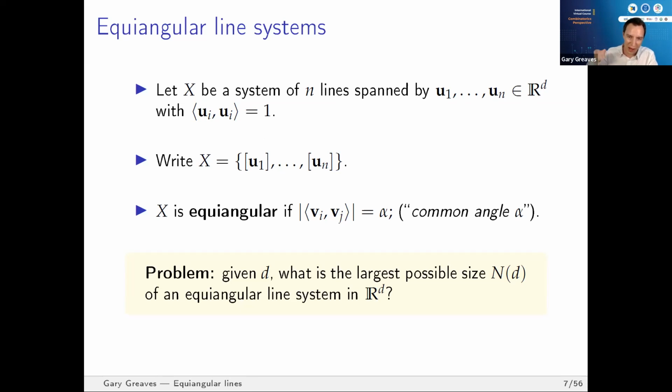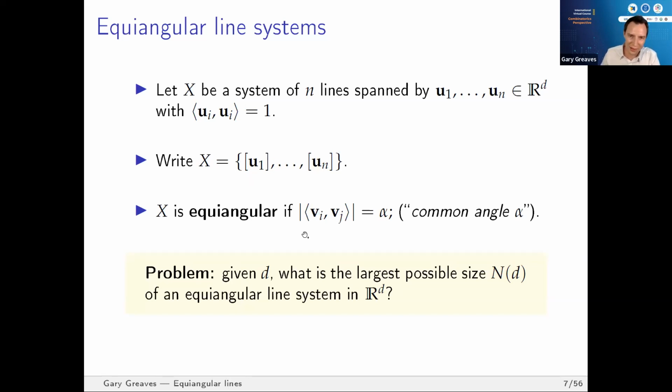So it spans the whole line. So I have these n unit vectors spanning n lines, and that's my set X of equiangular lines. And now the definition of a set of lines being equiangular can be checked by taking the absolute value of the inner product between any pair of these spanning vectors.